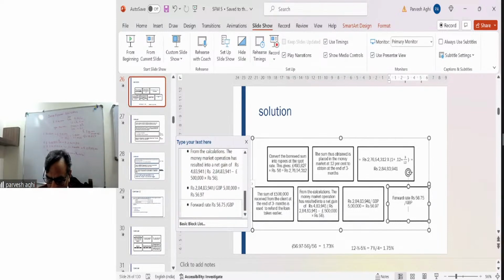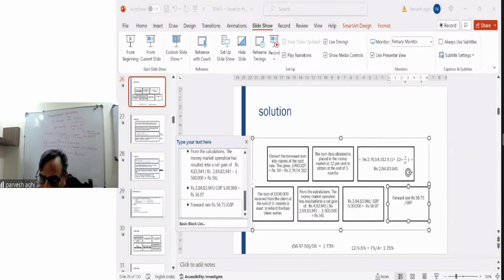your money is 5 lakh pounds. Let's take 5 lakh pounds. I'm putting the calculator on the board, so you can all see that. So 5 lakh multiplied by 56.75.